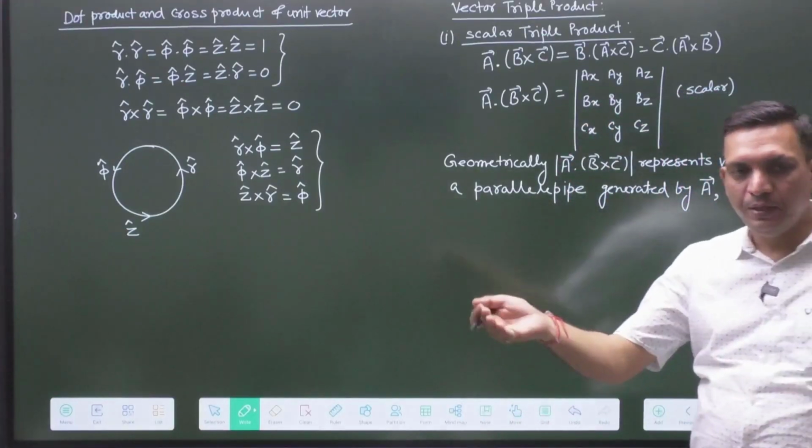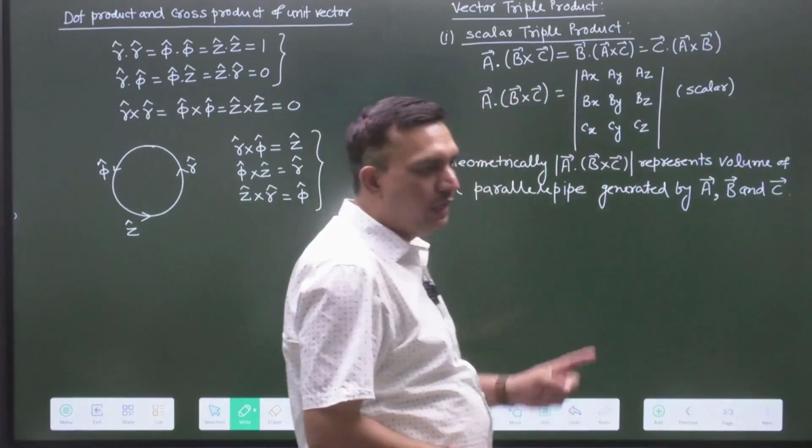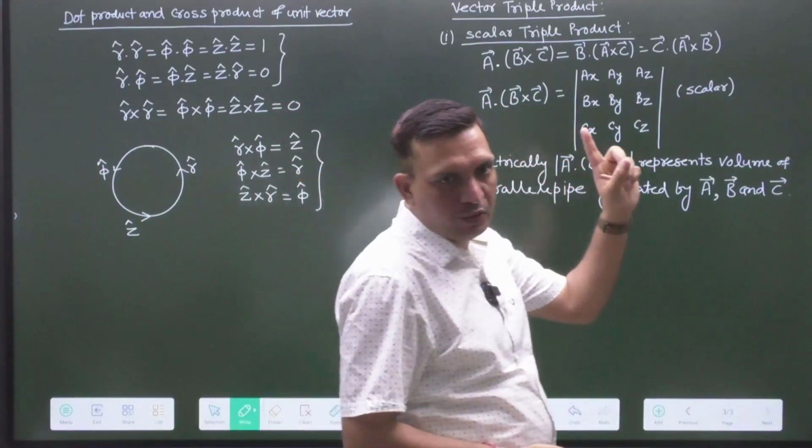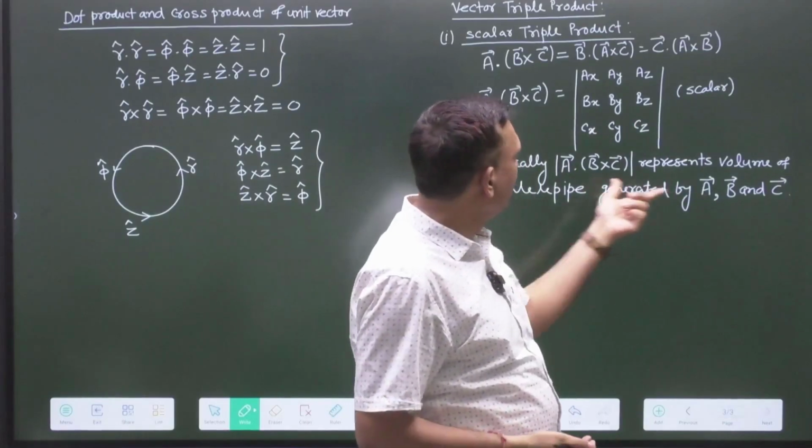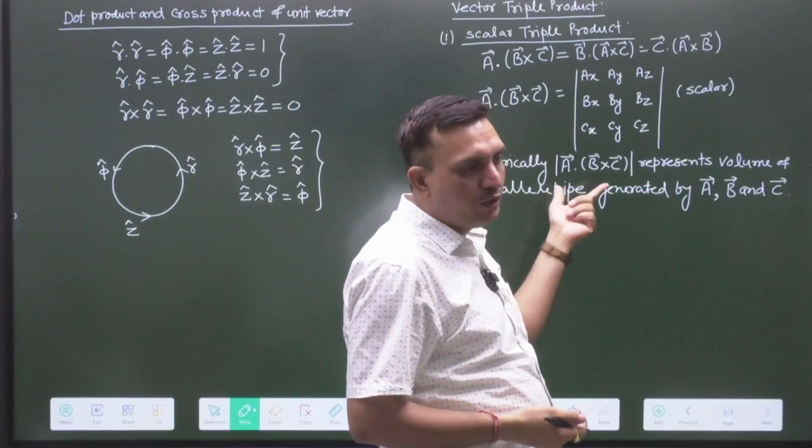Let's say if B and C form the base and A forms its height or altitude, then its volume is given by A dot B cross C.